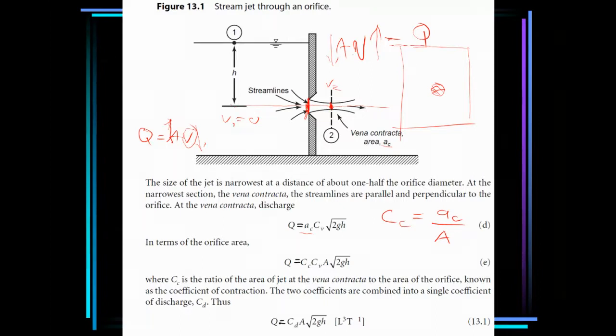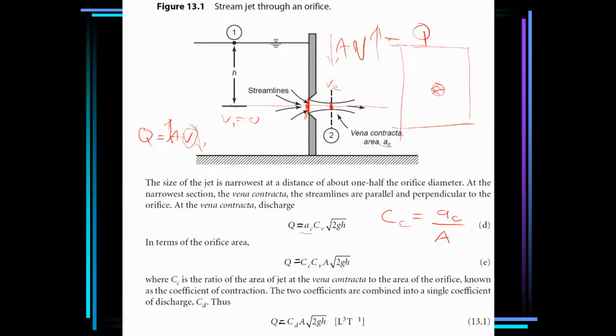Is it 90%, 100%, or even 0%? If AC is equal to A, then the coefficient of contraction will tend to 1, which is 100%, meaning there is no contraction.